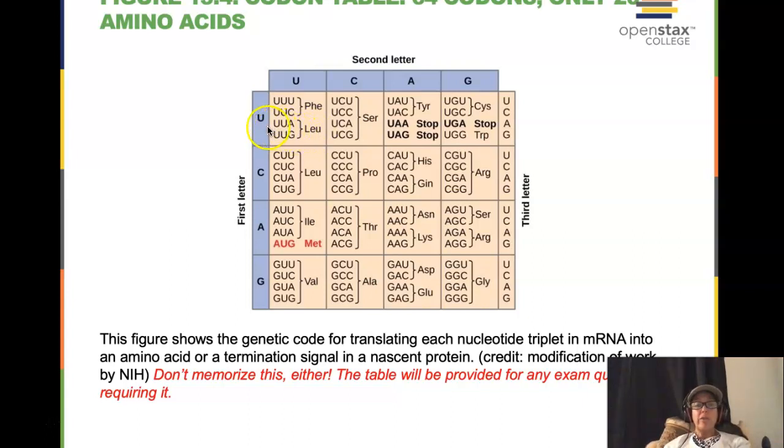And if you have UUA, UUG, or any of these, all 6 of those letter combinations still give you leucine. What else do we have? Proline has 4. Arginine has 6. Those 4 and these 2.